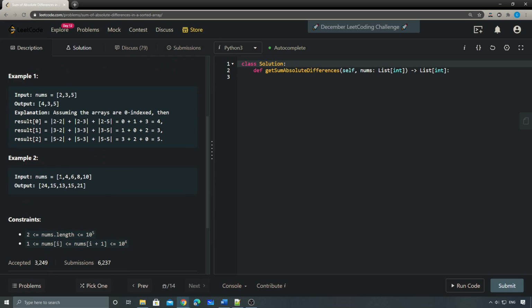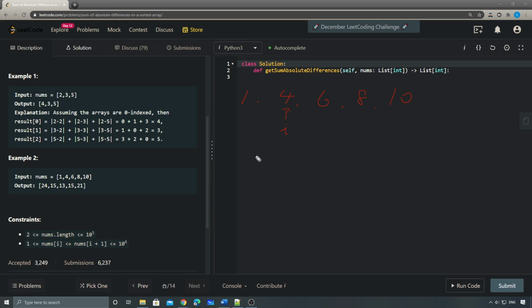So let's take this example 2 here, and we have 1, 4, 6, 8, and 10. Let's try to calculate the result for this 4 here. Let's say this is i. So what do we have? We have 4 and 1.